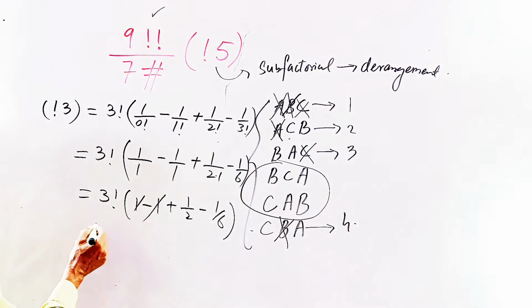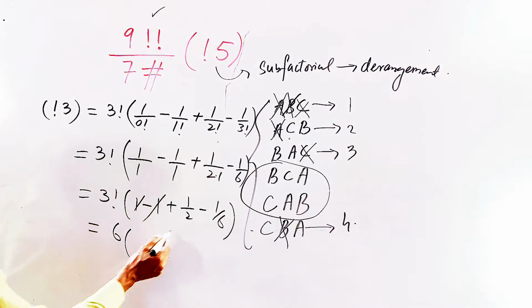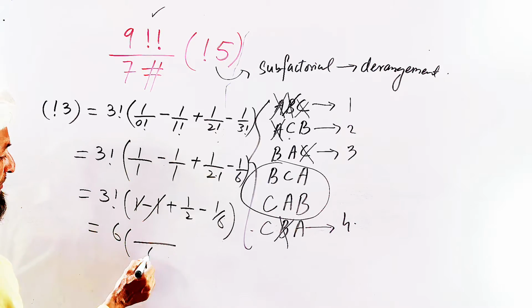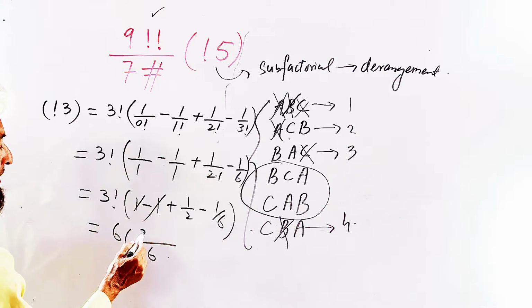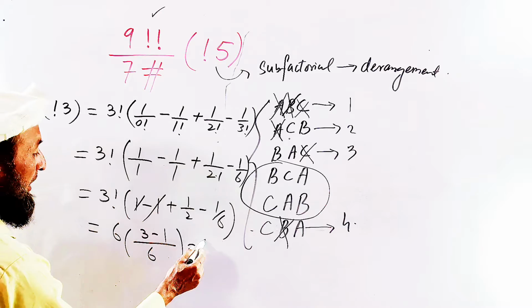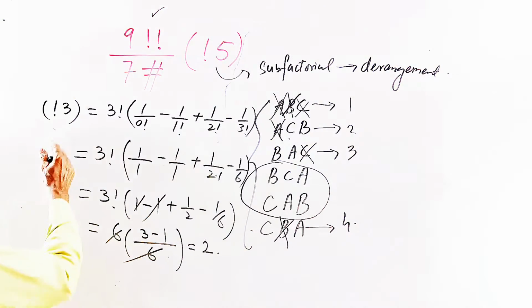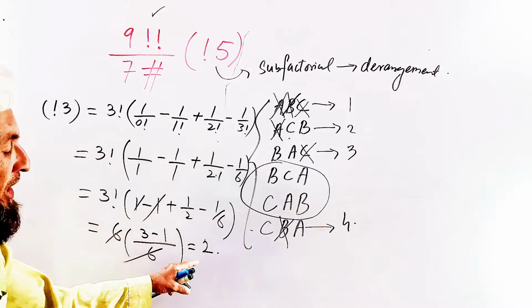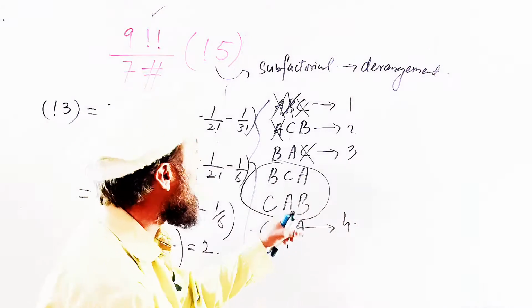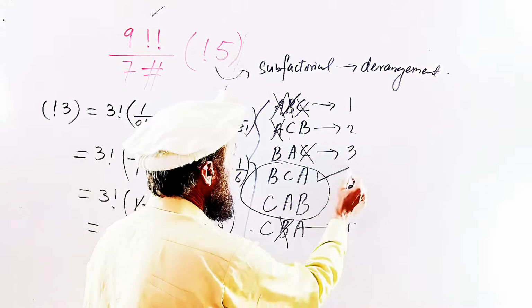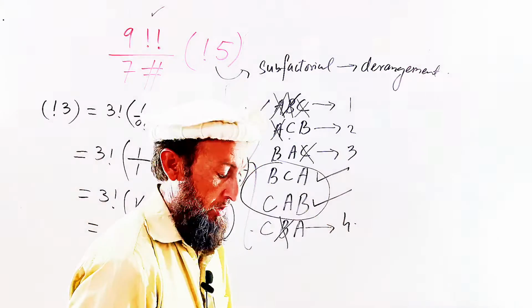The first two cancel each other. Taking 6 as the LCM, we get (3 minus 1) by 6, and multiplying by 6 we get 2. So subfactorial of 3 is 2 ways.